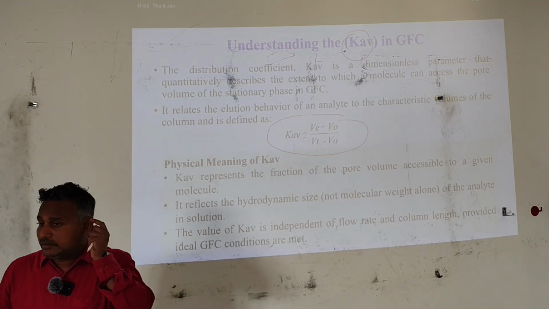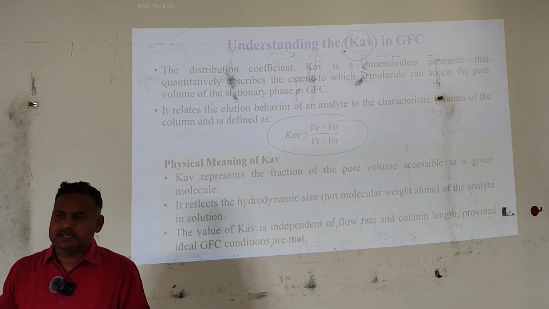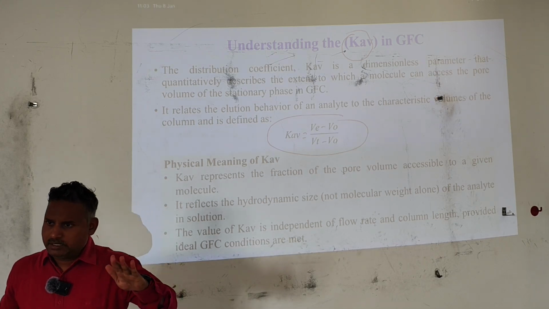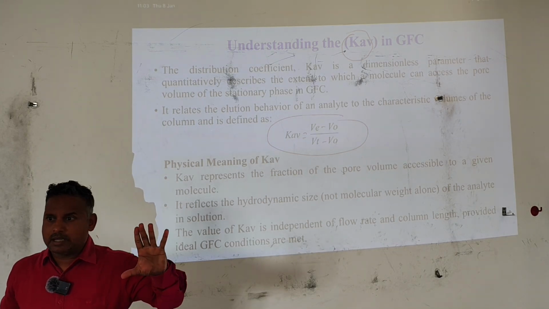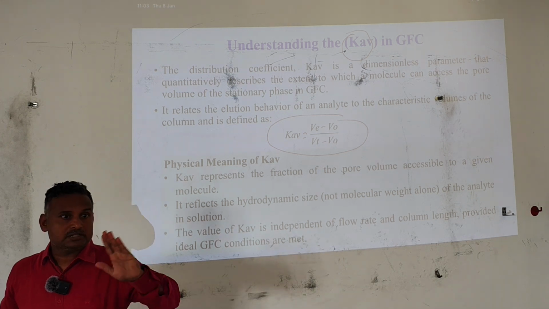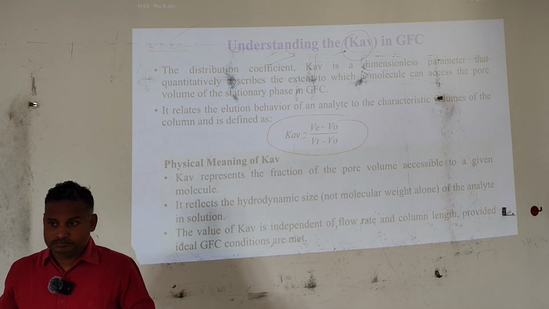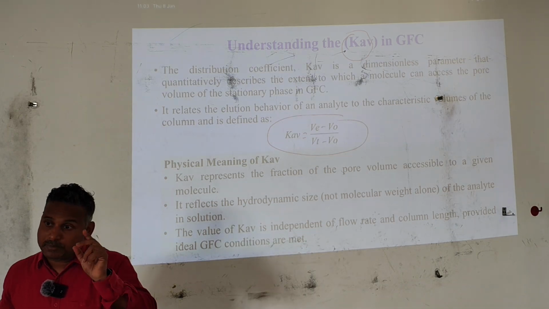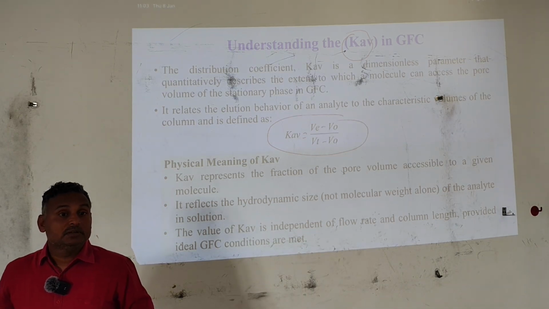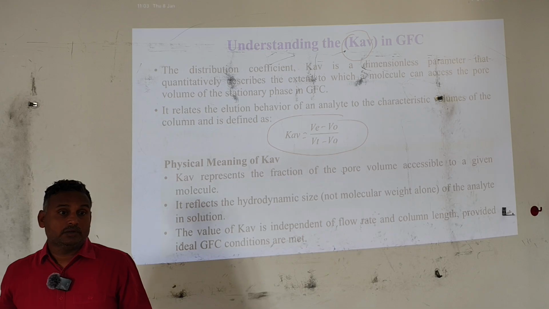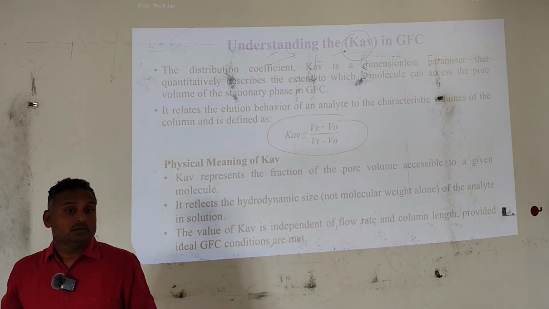But you need to maintain proper conditions. Proper conditions means the flow rate must be average, not too much, not too slow. Column packing must be uniform. You need to maintain uniform particle size, and proper selection of the column.